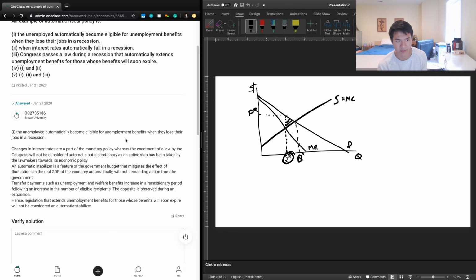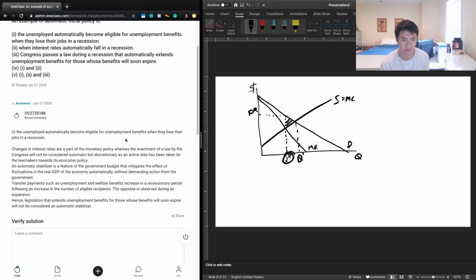The definition of an automatic stabilizer is a feature of the government budget that mitigates effects of fluctuations without demanding action from the government. So transfer payments inherently increase during a recessionary period, which finds an increase in the number of recipients. The opposite is observed during expansion.